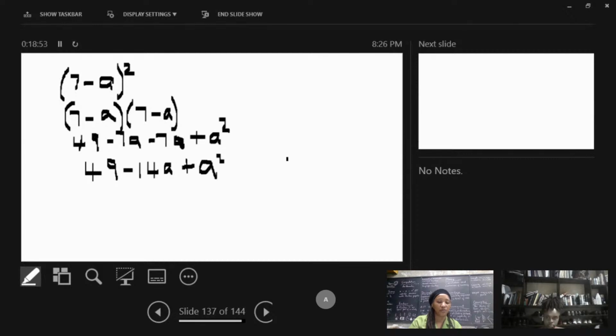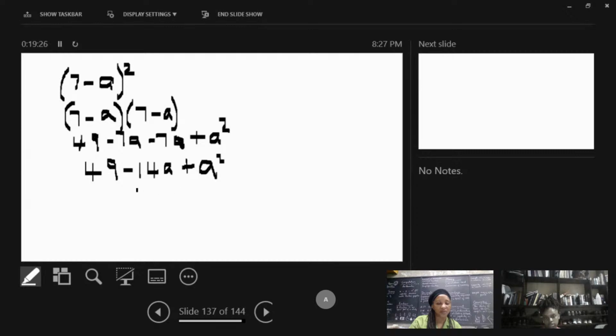And does it follow the rule? What does the rule say we should have? At this end, we should have the first term squared. And at this end, we should have the second term squared.